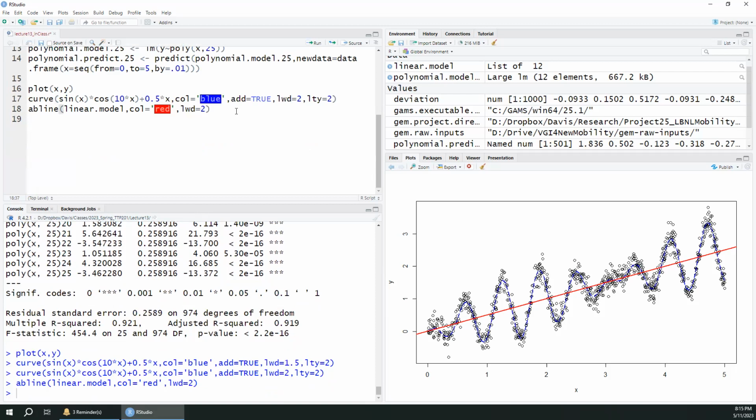And let's take a look at what the prediction looks like for our polynomial. So instead of the abline fit here, I'm going to add our predictions.